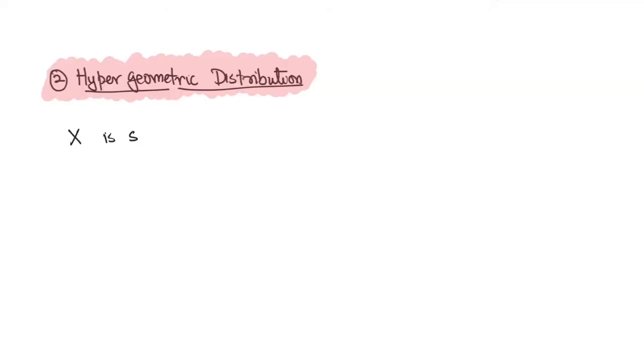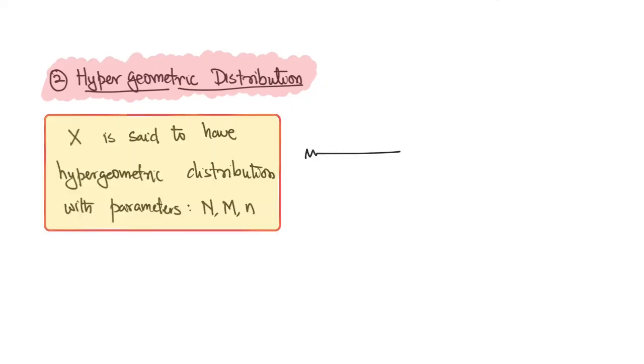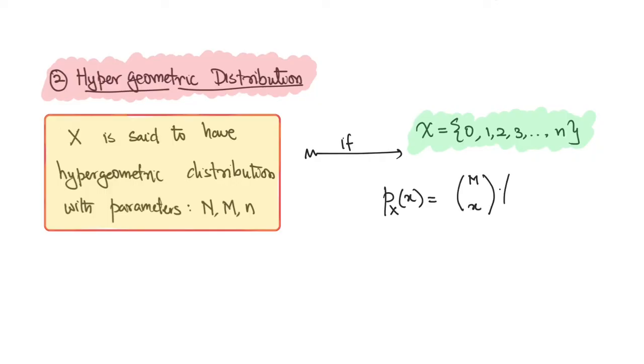We now talk about the hypergeometric distribution. The random variable X is said to have the hypergeometric distribution with parameters capital N, capital M, and small n if the random variable takes values in the set 0, 1, 2, 3 up to n, and the probability mass function is defined as follows.